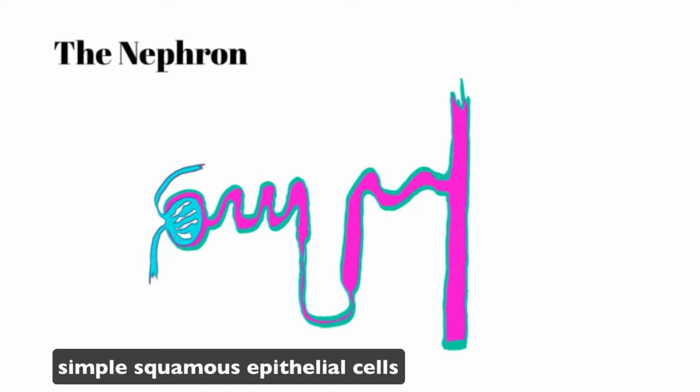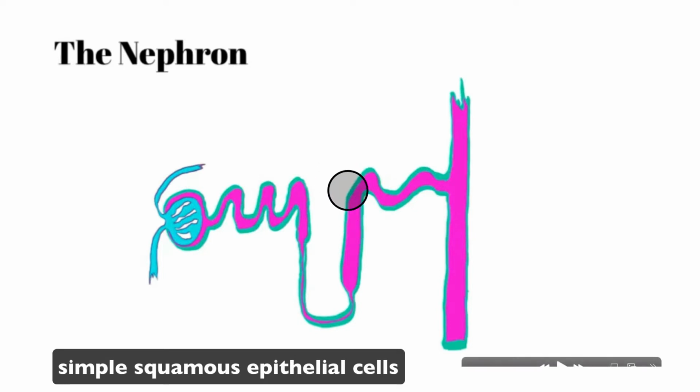So the great majority of the nephron, at least from the proximal convoluted tubule all the way down to the collecting duct, is lined by simple cuboidal epithelial cells, with the exception of the thin segment of the loop of Henle, which is lined by simple squamous epithelial cells.